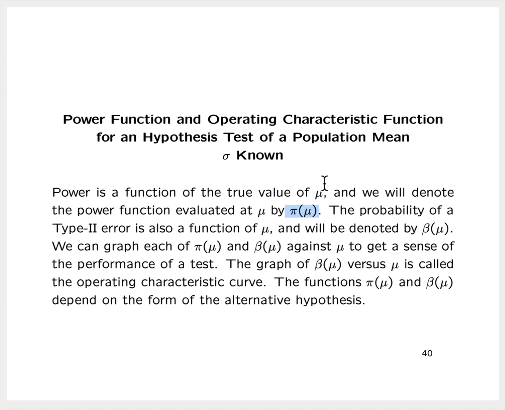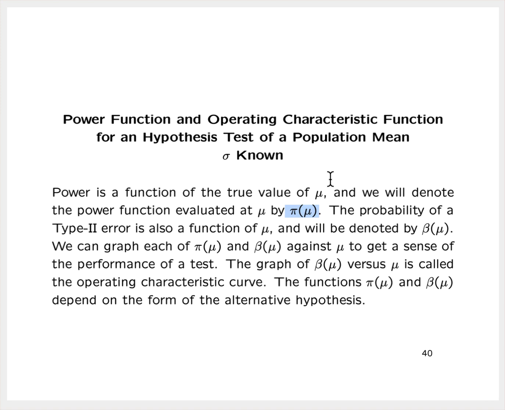So in this notation on slide 40, I'm indicating that the power function is a function of the true value of mu, but it also depends on other quantities as well. It depends on the significance level being used for the test. It depends on the sample size.